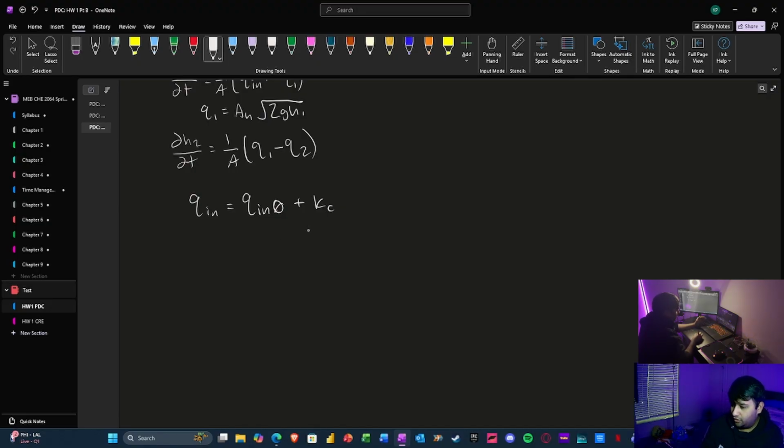That's how we changed what the plot looked like and how we got rid of the oscillation and flattened it out, times the error, where the error is the set point minus the height of the second tank.